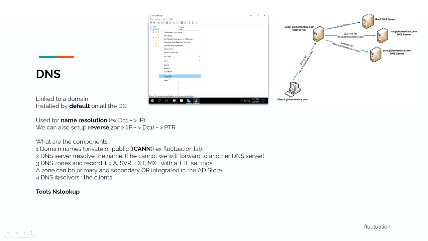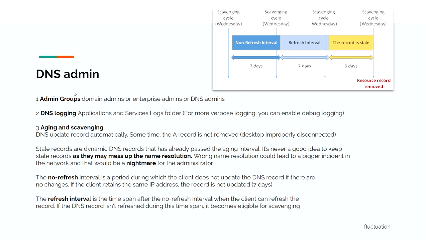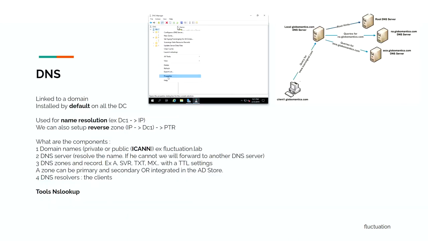And after you have the DNS resolver, which is the client. One of the very well-known tools is NSLOOKUP. So first of all, let's see what the DNS server looks like, and see the name resolution, this reverse zone, and some information about my DNS.